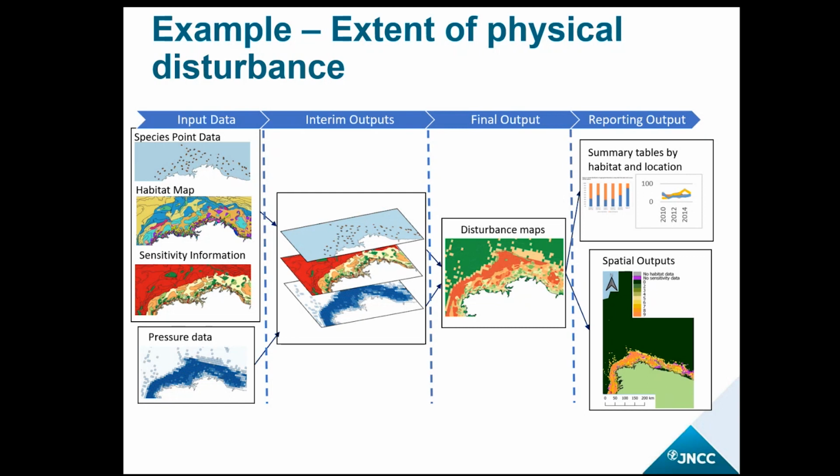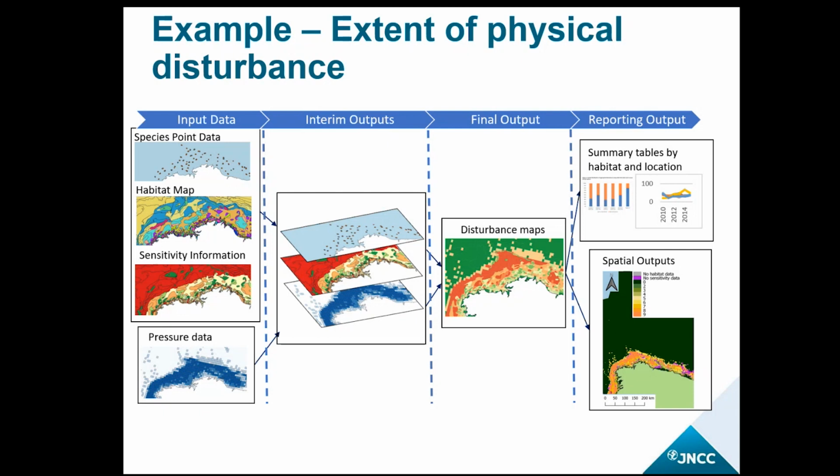So the indicator approach itself takes input data. It takes species point data, which has been collected directly from monitoring surveys. It then uses an underlying habitat map. Some of that habitat map data will be collated directly from surveys, and some of the information will be modelled or interpolated between data points according to environmental conditions.